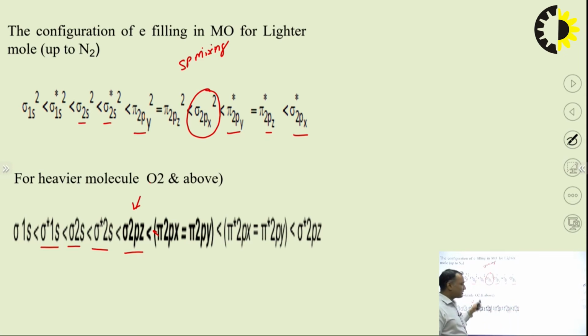So basically this is the base of molecular orbital theory, where up to nitrogen the sigma 2p x, sigma 2p y, sigma 2p z, whatever you want to write, will come at a high energy level, while for oxygen and above, the sigma 2p z will come before the pi orbital. The filling order will be this.